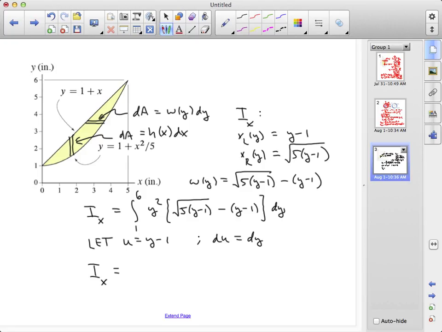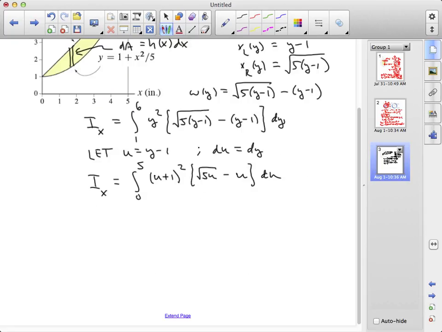And that results in our expression for Ix becoming an integral from 0 to 5, now as y goes from 1 to 6, u plus 1 squared times the square root of 5u minus u du. We can multiply that out, and if we do, we get a difference between two integrals.